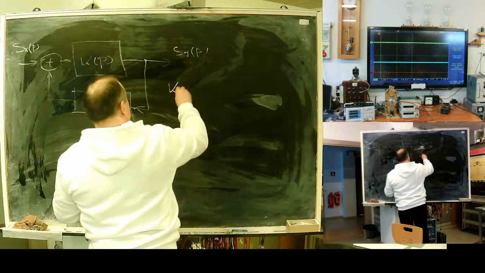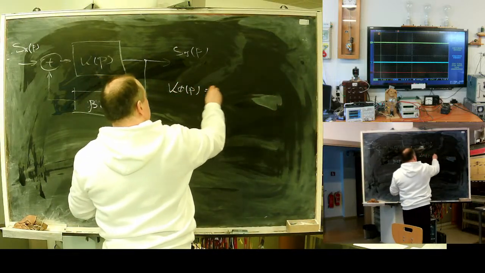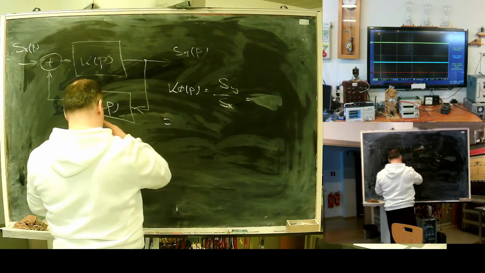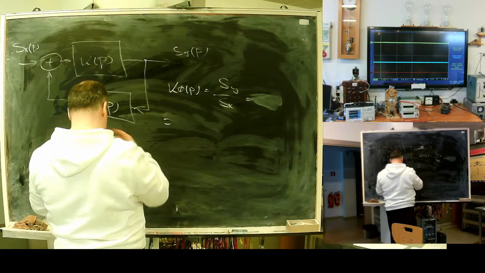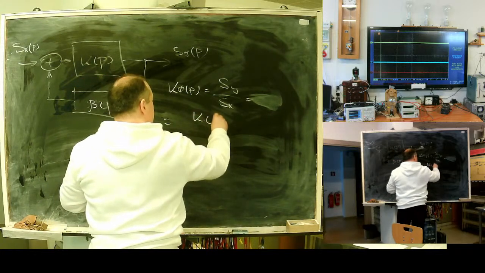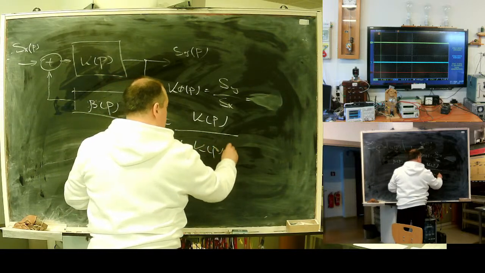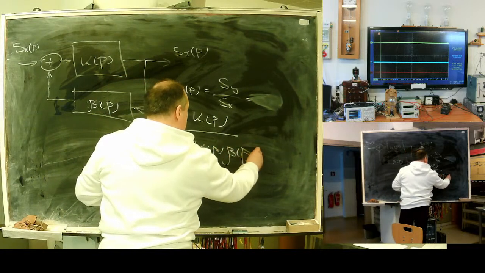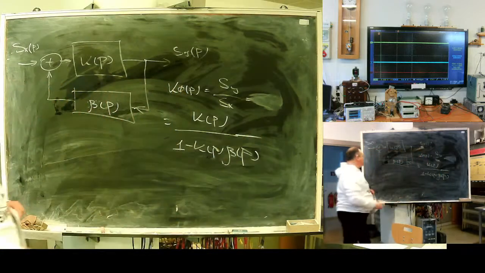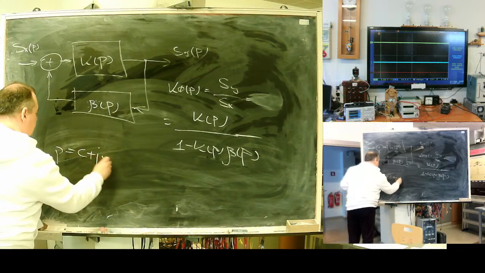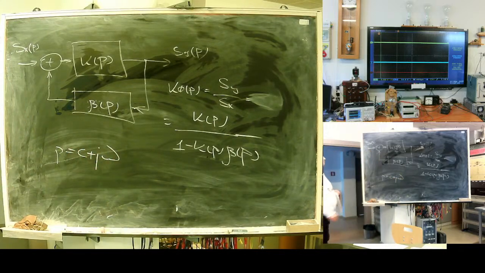The overall transfer is what? 1 minus, and all are functions of complex frequency. Now the question: will the system be stable or not stable?